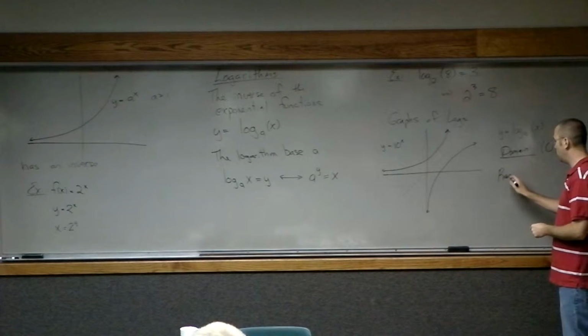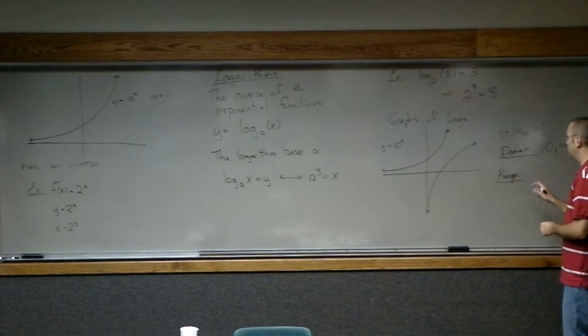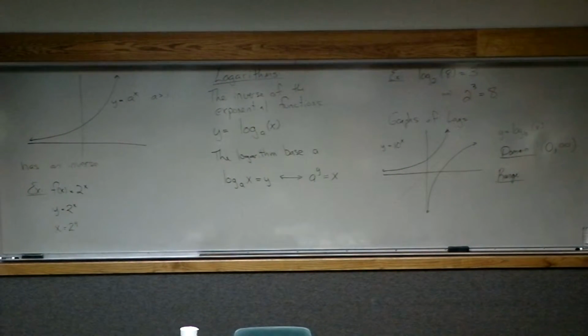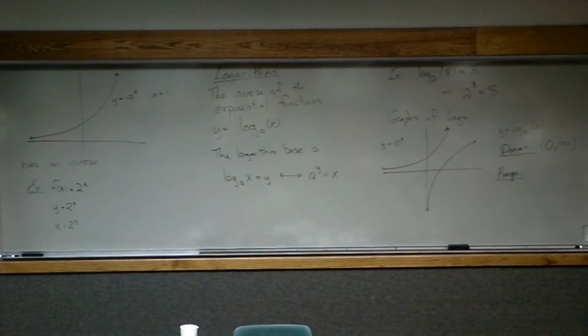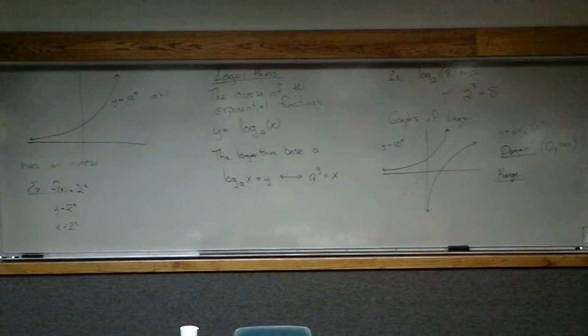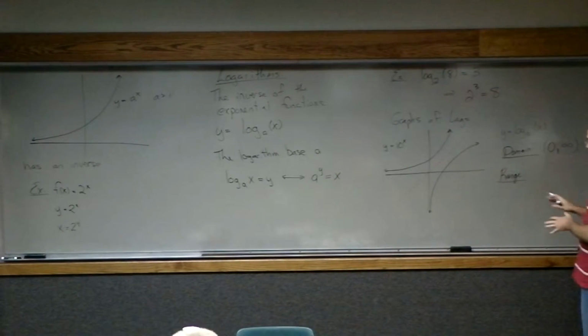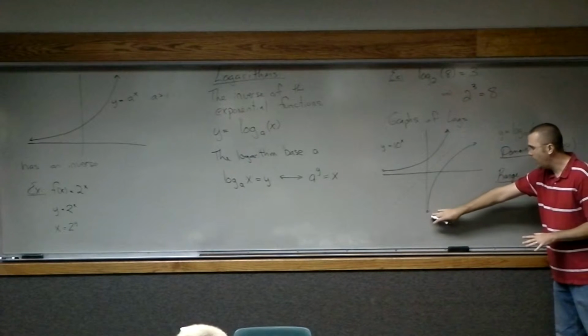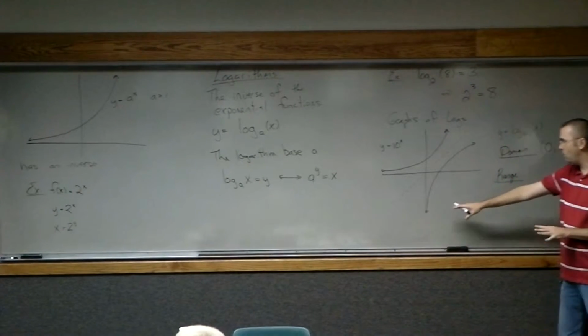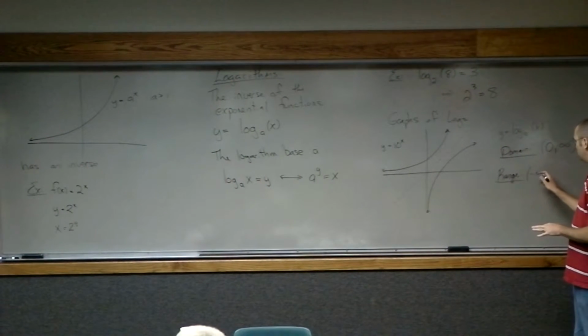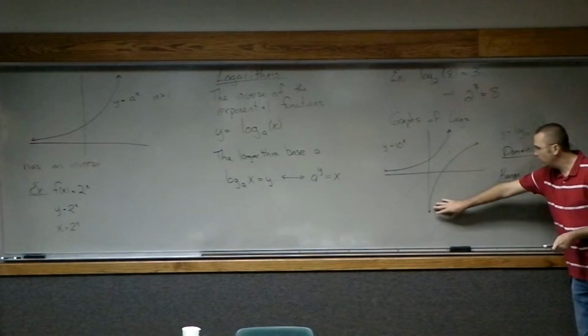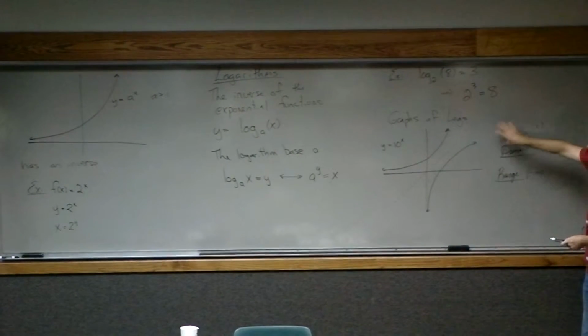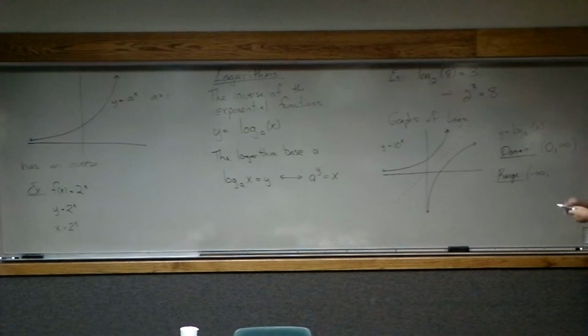All right, let's talk about the range of this logarithm function. What numbers can I get out of this log base 10 function? As the graph is telling us, I can get anything as negative as I want. This function just keeps on increasing, so I can get as large a negative value as I want.